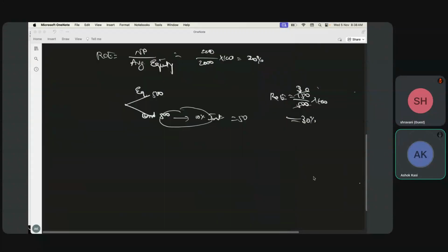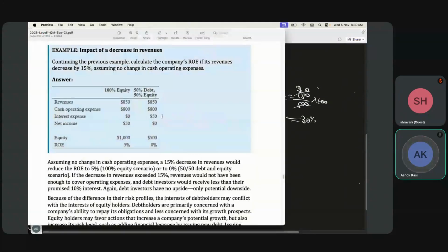So 50 by 1,000, return on equity comes to 5%. Over here, you have to pay 800 plus 50 as well, so your income becomes 0 and your return on equity is 0. So the moral of the story: leverage is a double-edged sword. If sales go up, it will give you a lot of benefits. If not, losses will also be doubled.